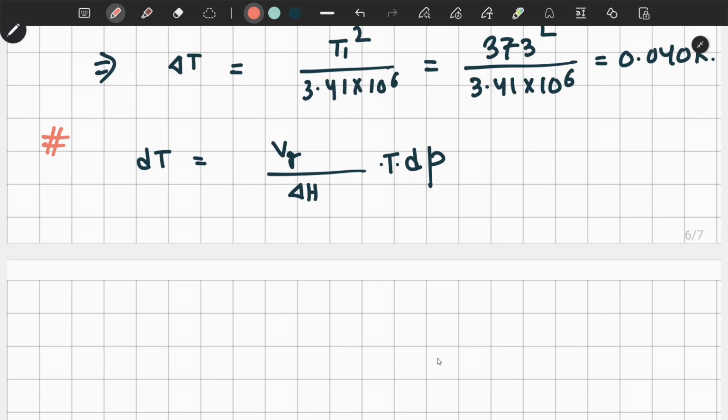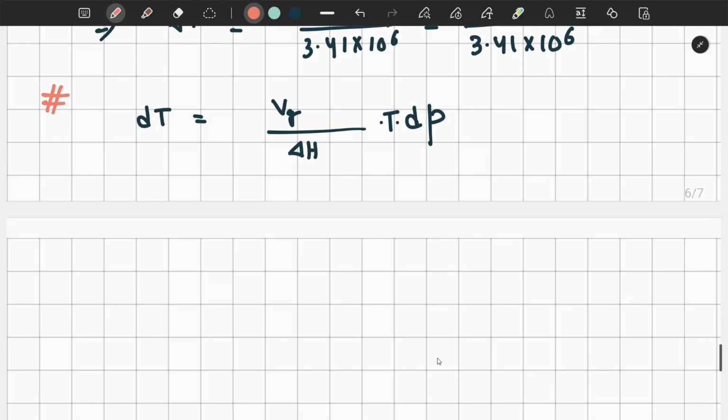Okay, so if you put it, now dp is known. Actually, you have to consider here the pressure change is very small. So if that is the case, then dp you can calculate. How can you calculate the dp? Just do it.